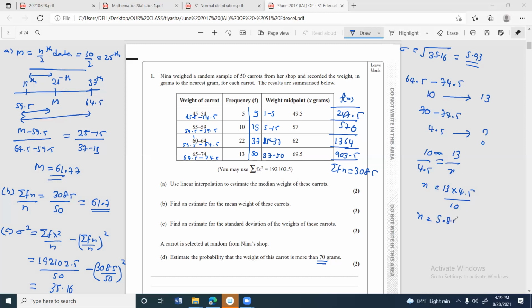Doesn't matter if you get a decimal answer, because it comes with the probability, it doesn't make a significant change. So the probability becomes 5.85 divided by 50. That value is 0.117, which would be the final answer for this question. That's a way of doing this question, right?